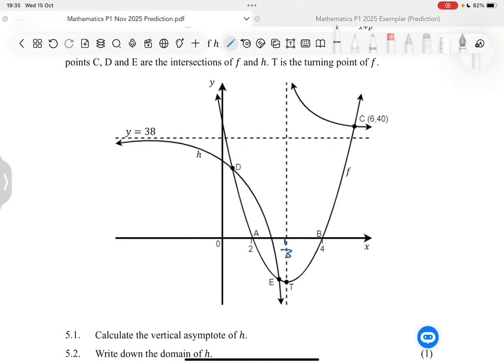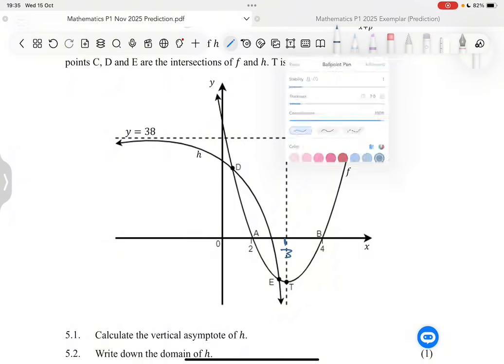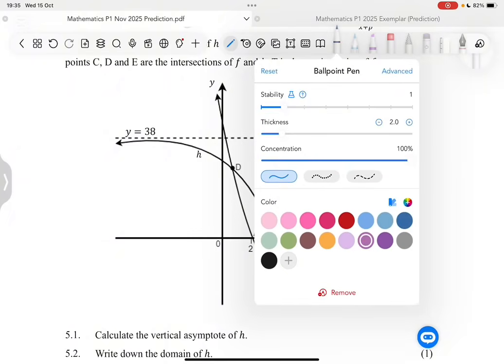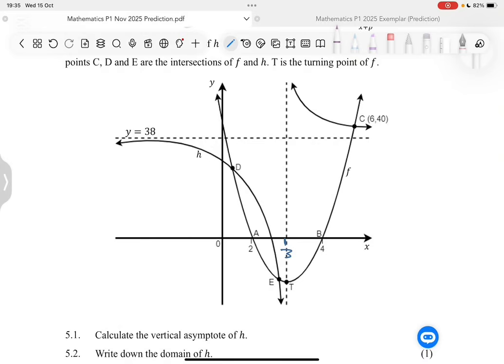How do I mean? If I were to trace values on this function of h, so I'm going to focus on the function of h. If I input a negative x number here, this number would give me a corresponding y number. So the x value here gives me a y value there. So it means we have a point that's defined there.